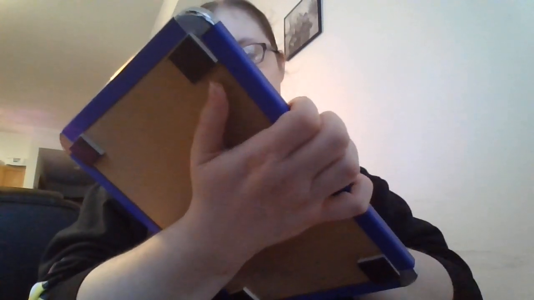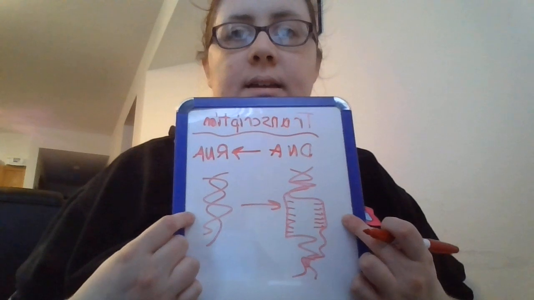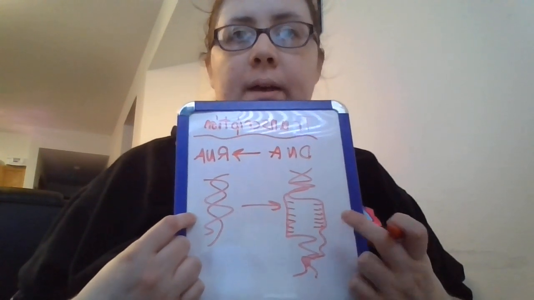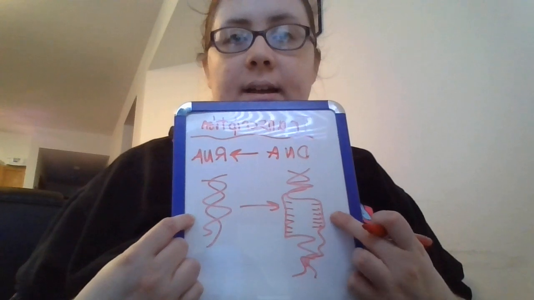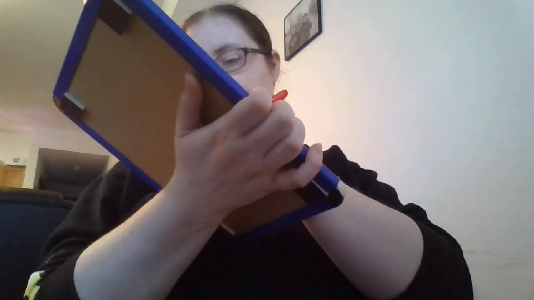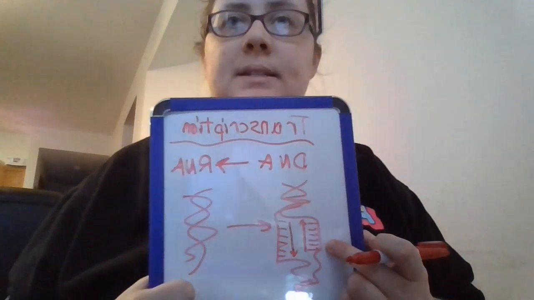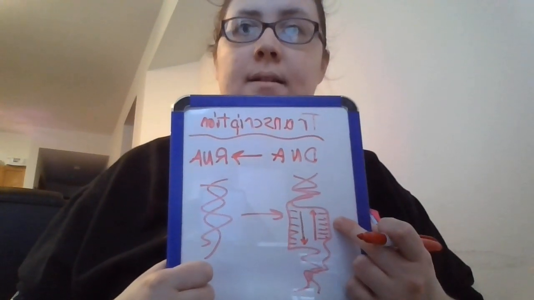If you remember in the last video, I told you guys that we started a piece of DNA that looks like this. It's kind of like a wound up ladder if you want to think about it that way. And it unwinds. There's an area that splits open like this where we have bases in the middle. And the cell can come in and use those bases as the template to make a strand of RNA.